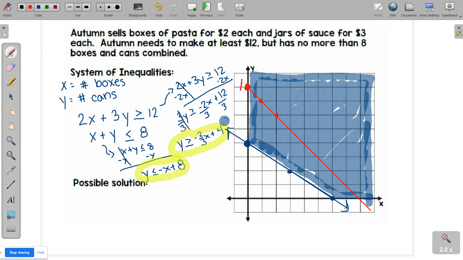After we graph it, we need to make sure that our solid line is correct, and it's an equal to, so it's a solid line here, and we are going to shade below because it's less than. So we're going to shade below the line.